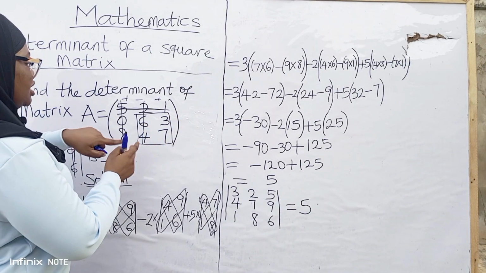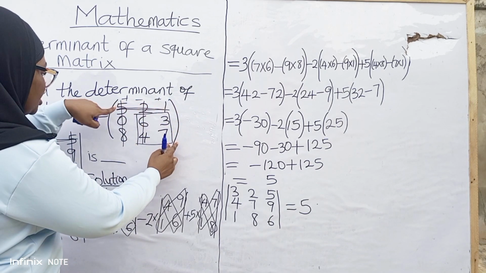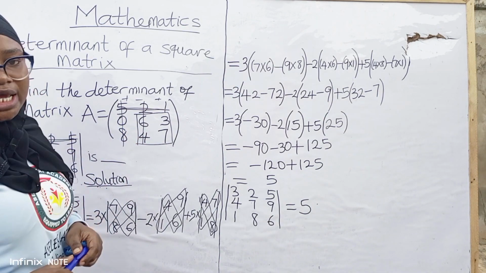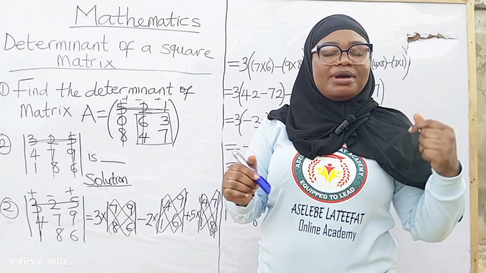Then plus 1, you cover that one vertically and horizontally and find the determinant of the remaining elements. So that is how to find determinants of a 3 by 3 matrix.